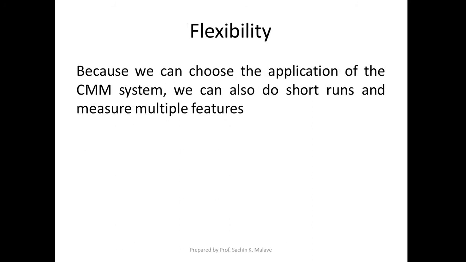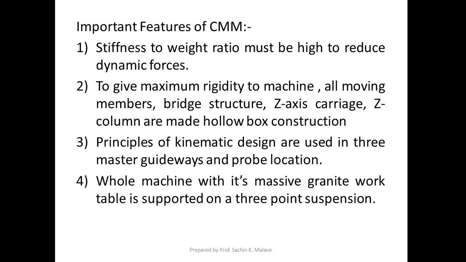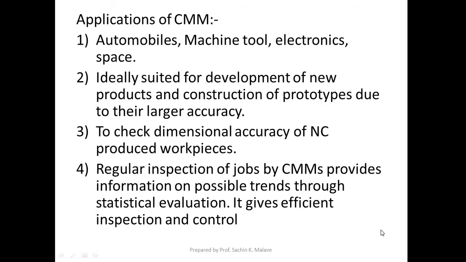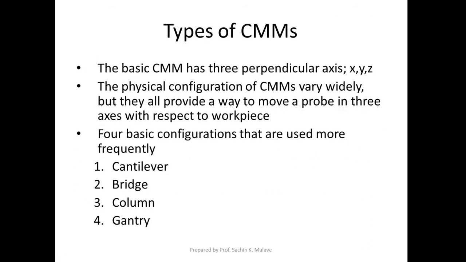Then we discussed the important features of CMM, what kind of features are desired in a particular type of coordinate measuring machine. Then applications of CMM, areas in which a coordinate measuring machine can be used, we discussed.